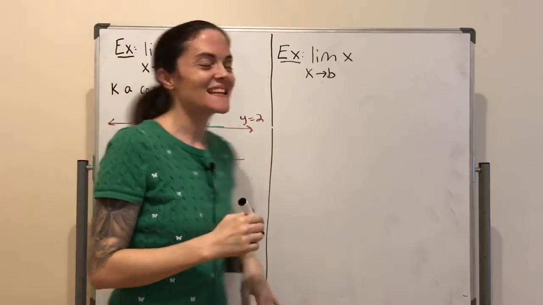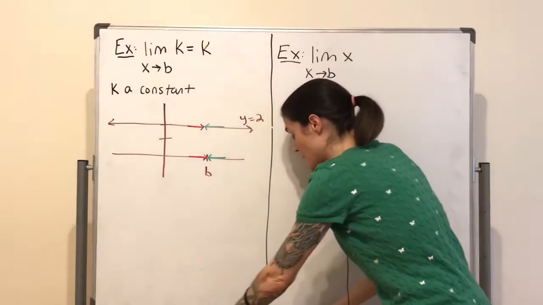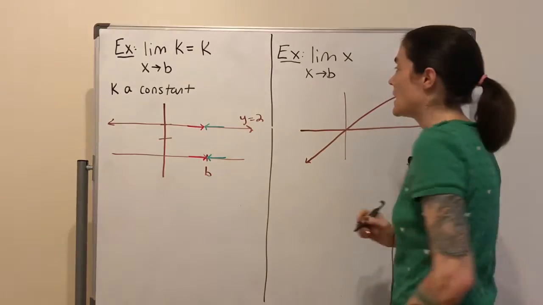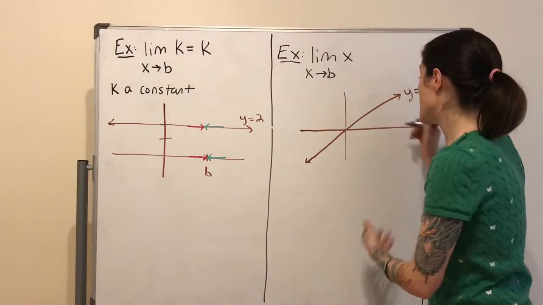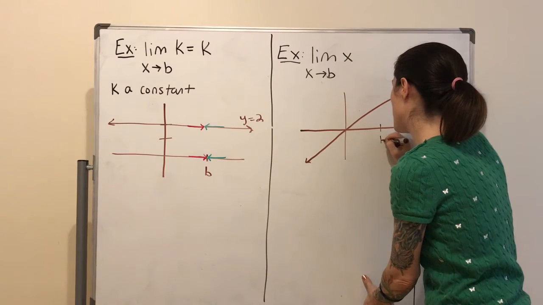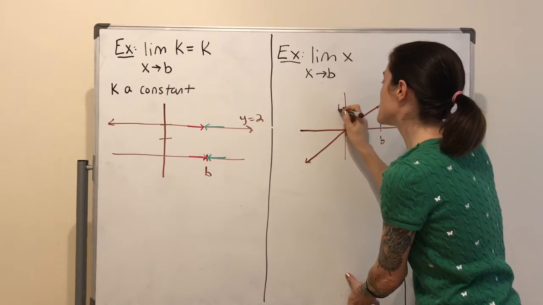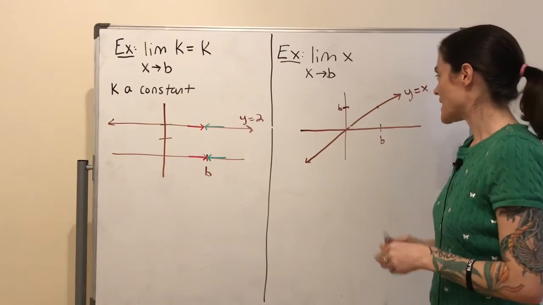And now let's think about the function f of x is x, and I'm going to do a very similar graph. Here's the graph, y equals x, and I need some value b. Well, we know the point on the graph is b comma b because it's the line y equals x.